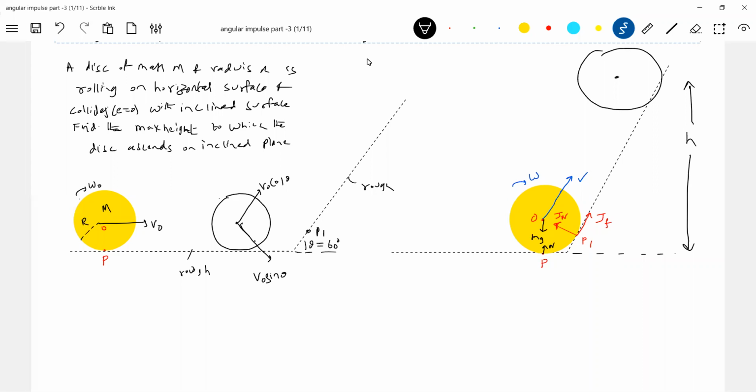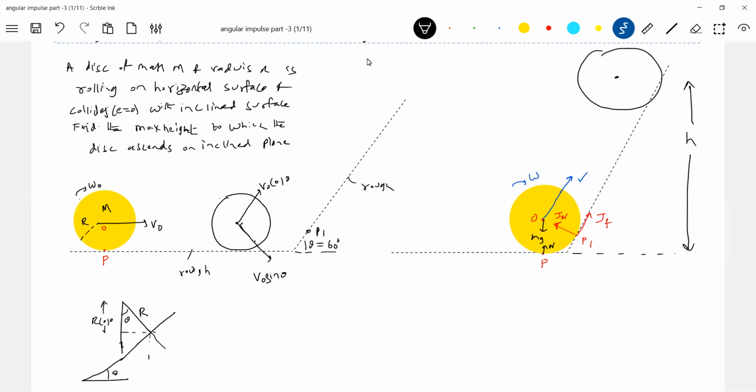So how to get that angular momentum? We have to get into the mathematics here. This is R, this is theta. So this should be theta. If that is theta, then this will be how much?